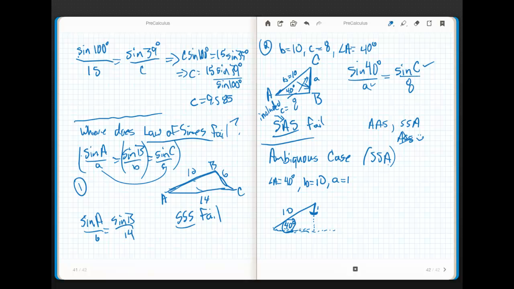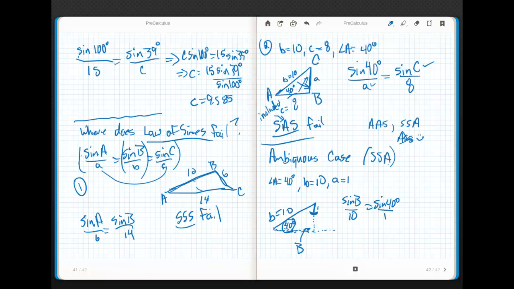So this is B equals 10, which means that if I'm trying to solve for some mystery angle, which is right here, I'm going to call that angle B. Let's actually do it on our calculators so we see that our calculator gives us feedback that something ain't right. I know that sine of B is to 10, side B, as sine of 40 is to 1.